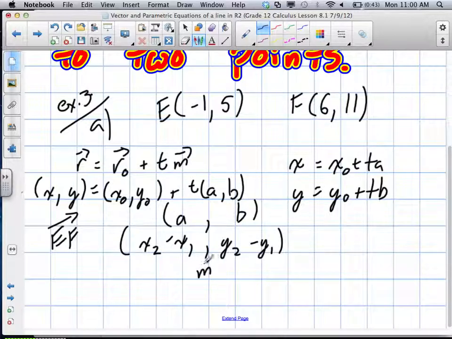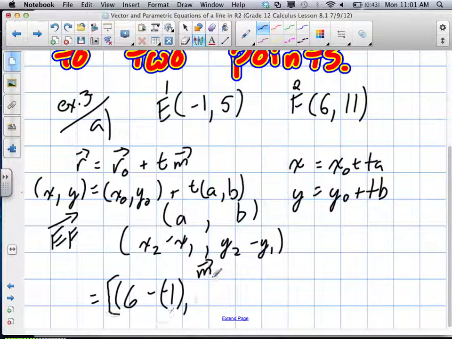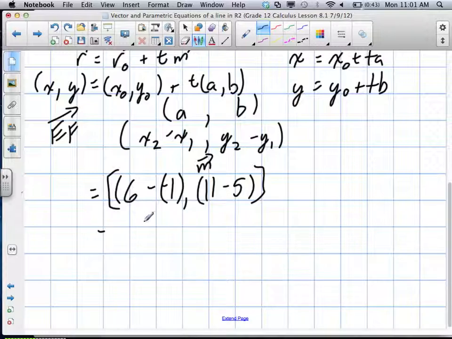Our F being (6, 11) and our E being (-1, 5), x2 is 6, subtract -1, and y2 is 11, subtract 5. This gives us 7 and 6. So our directional vector for EF is 7, 6, or our a, b, you could say.